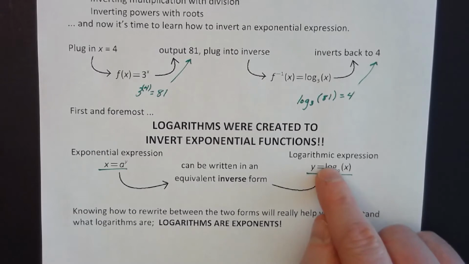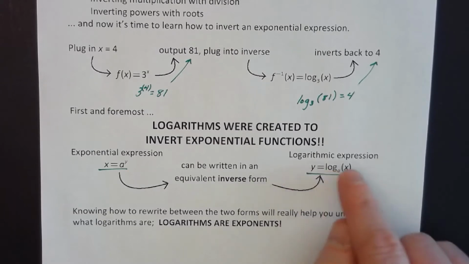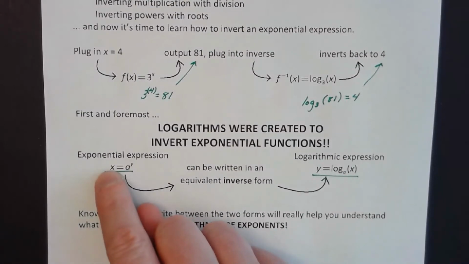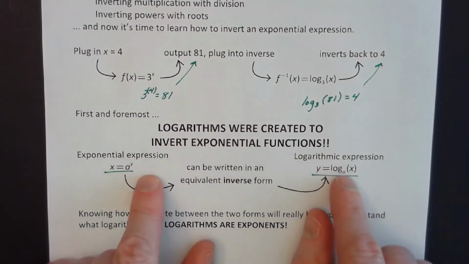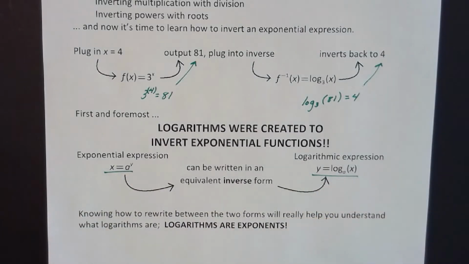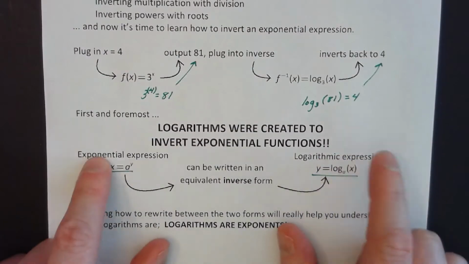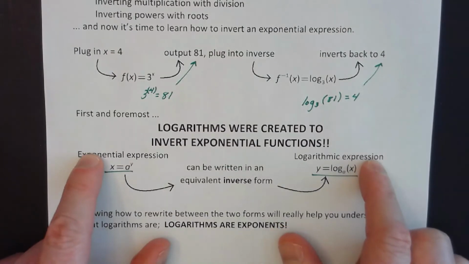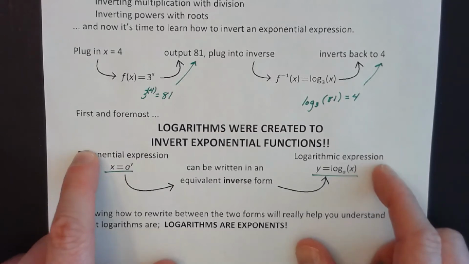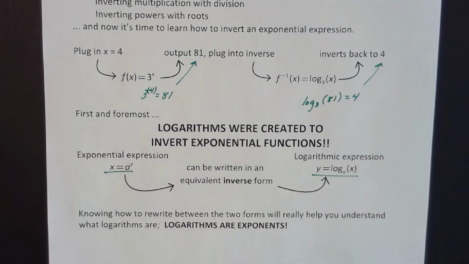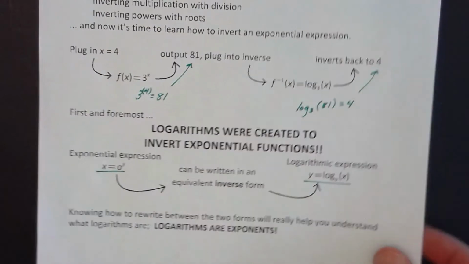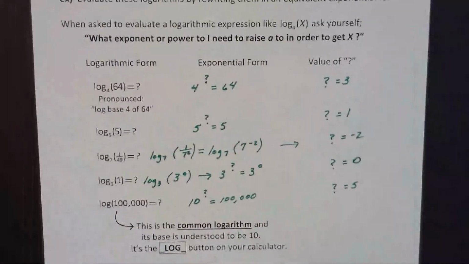So this is telling you a to the y power is equal to x. These two mean the exact same thing. Knowing how to rewrite from logarithms to exponentials and exponentials to logarithms is extremely important. We're going to be talking about that a lot more throughout this section as well, particularly when we solve equations. Let's go ahead and look at a few logarithmic forms here on the next page.